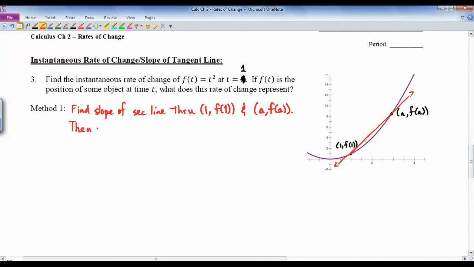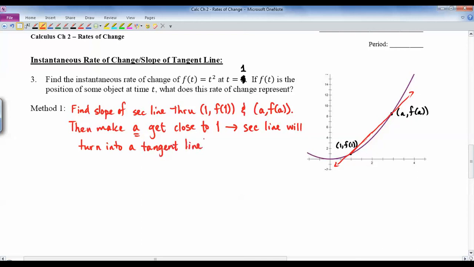Then make a, the point a, get close to 1. And that makes the secant line turn into a tangent line. And instead of getting an average rate of change from 1 to a, you end up getting an instant rate of change with the tangent line here at 1.